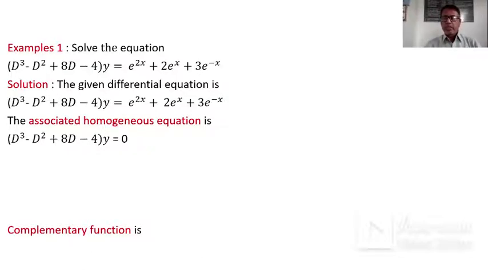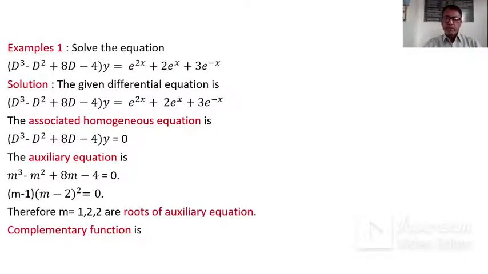We consider the right hand side to be 0. From this, we take the auxiliary equation. This is the auxiliary equation. Now factorize this. We know how to find the factors of the left hand side of the auxiliary equation.